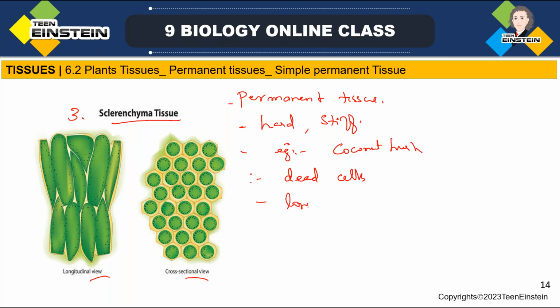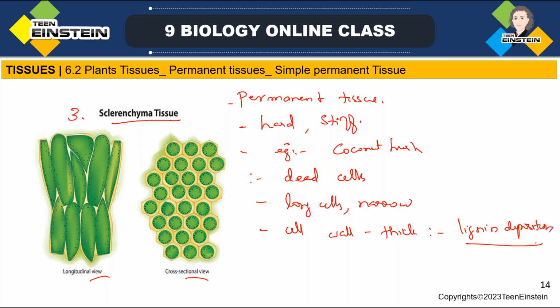They are long and narrow cells. You can see the cell wall is very thick, and this thickness is due to lignin deposition. Due to the deposition of lignin, these cell walls are very, very thick.